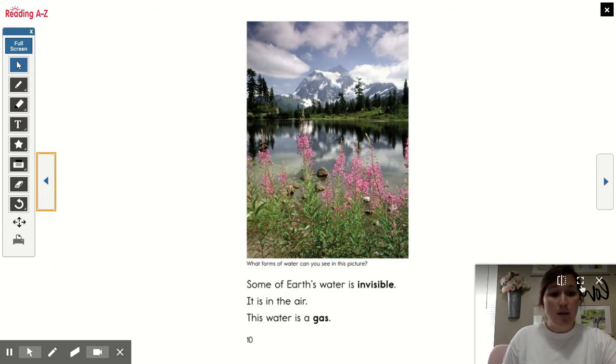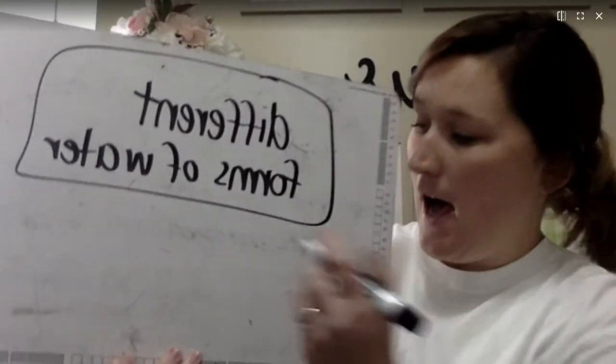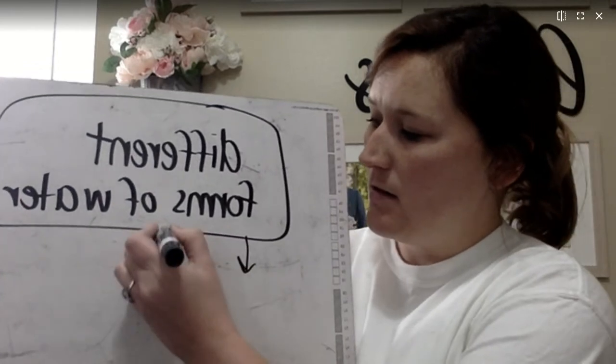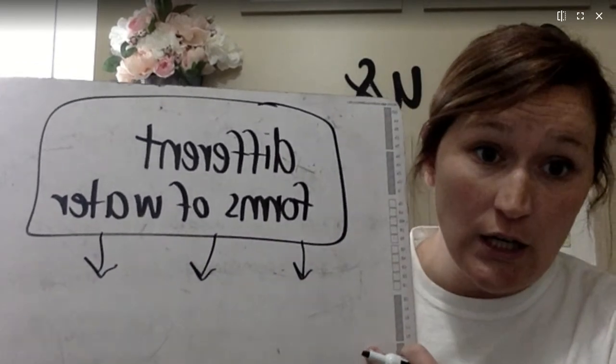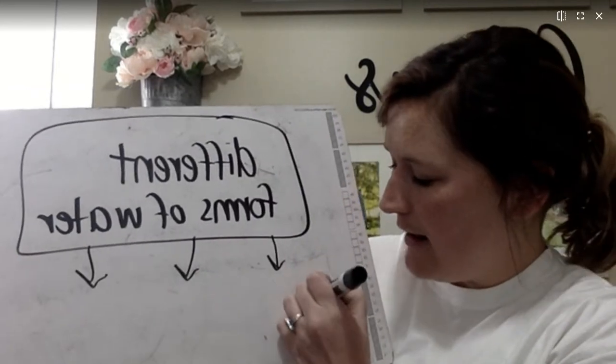And I'm going to do my map a little different this time. Different forms of water. So I'm going to put my main idea at the top, kind of like our graphic organizer, right? Our topic sentence goes at the top. And then I'm going to have detail 1, detail 2, detail 3. So water can be a liquid, right? That's the kind that we usually know.